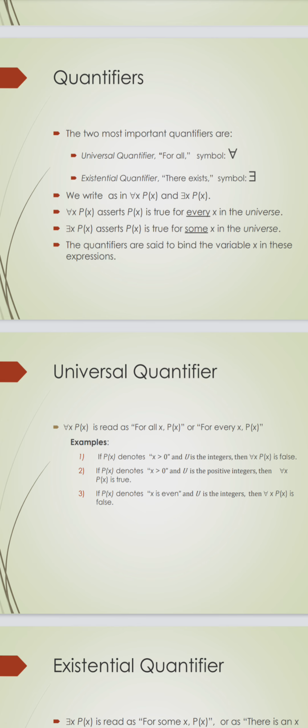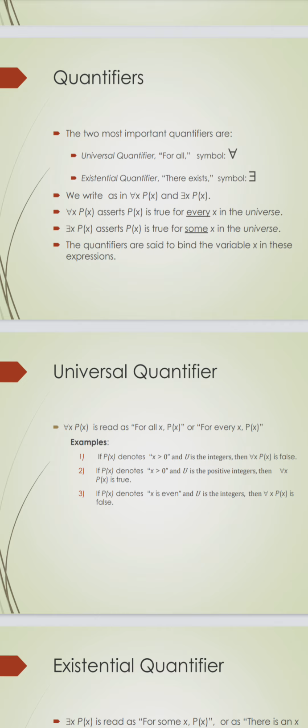For all x P of x denotes that P of x is true for every x in the universe. There exists x P of x means P of x is true for some x in the universe. The quantifiers are said to bind the variable x in these expressions.